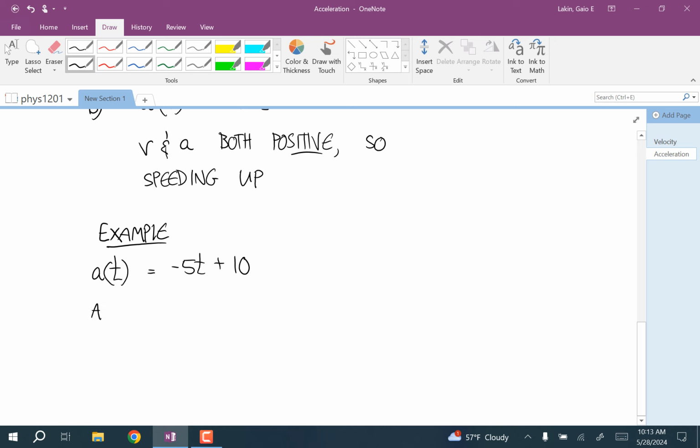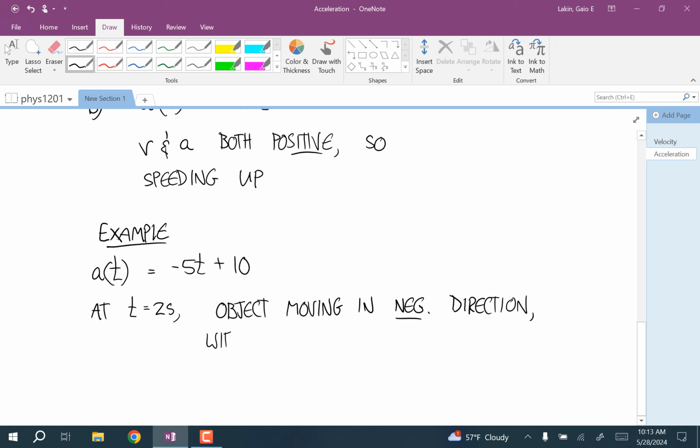And let's say when time is equal to 2 seconds, the object is moving in the negative direction with a speed of 10 meters per second.